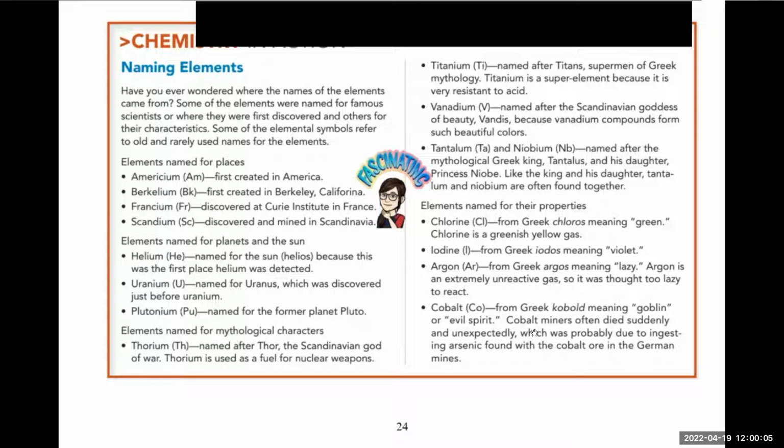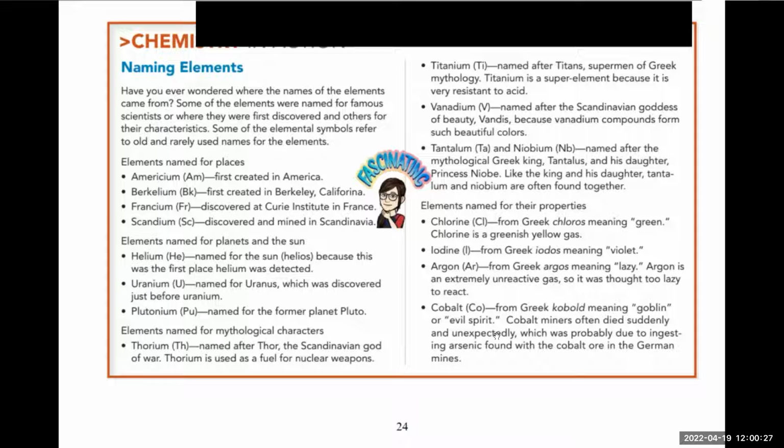So they would like to have a chemical reaction, but nothing occurs. So they say, what a gas. So lazy. Oh my god. So we're going to call it argos. That's why. And cobalt, it comes from the Greek kobold, that means goblin or evil spirit.